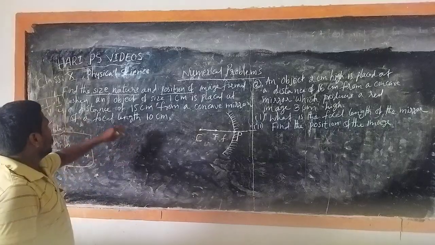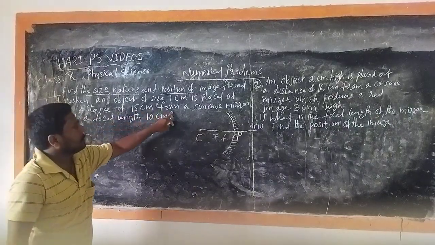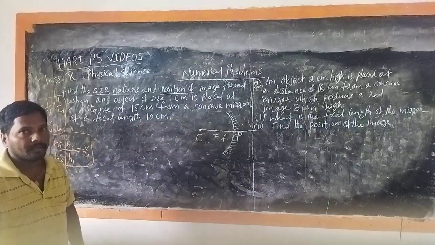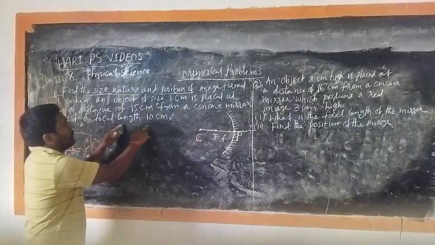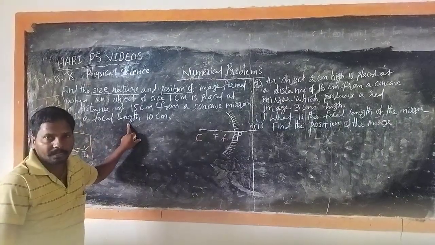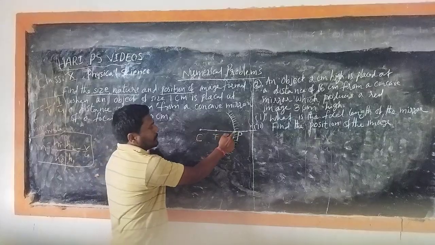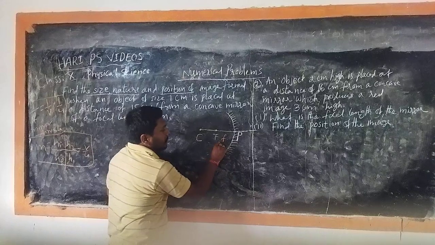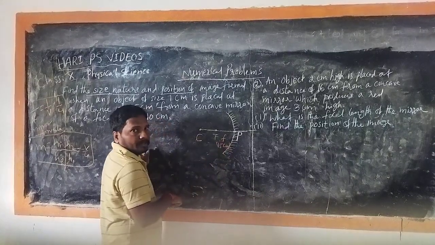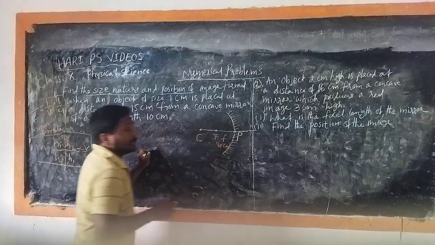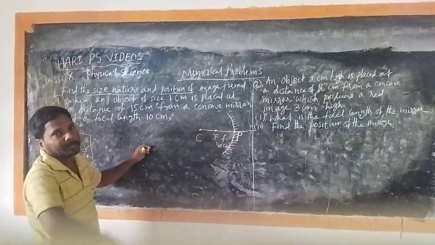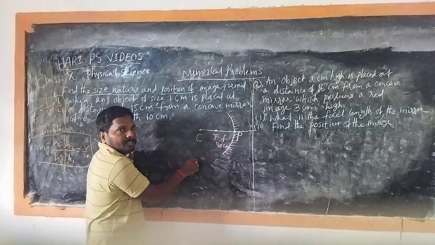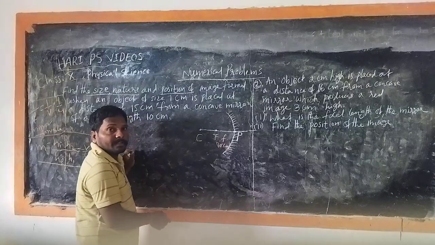Now again, at a distance of 15 centimeter from a concave mirror, and the focal length is 10 centimeter. So the object is placed at 15 centimeter from the pole. Is it at the center of curvature, or in between the focus and center of curvature?